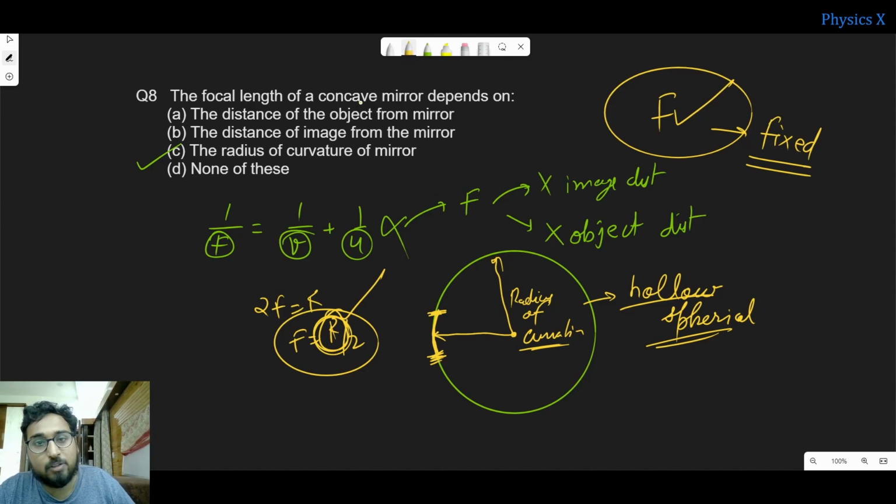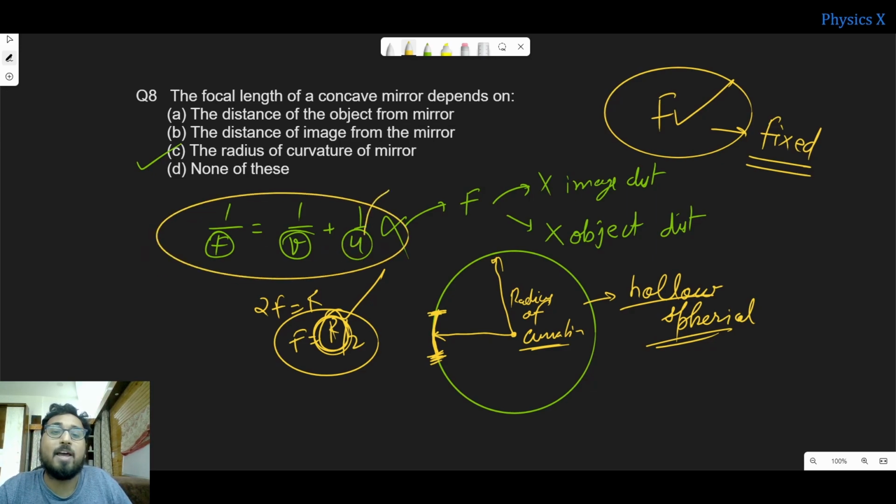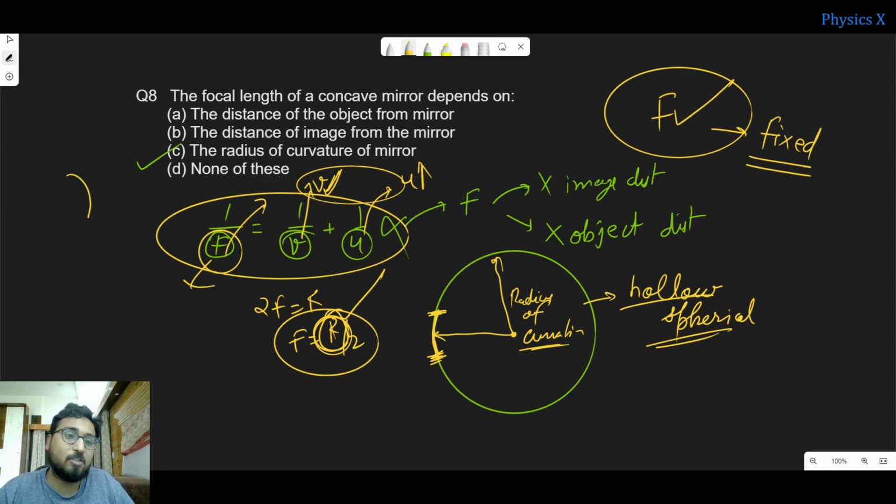This relation tells you that if you vary the object distance, if you change this u, how the v will be affected, and these depend on this focal length. Focal length will be fixed for every mirror. Once you say, hey, this is the mirror which we are using, f is fixed.